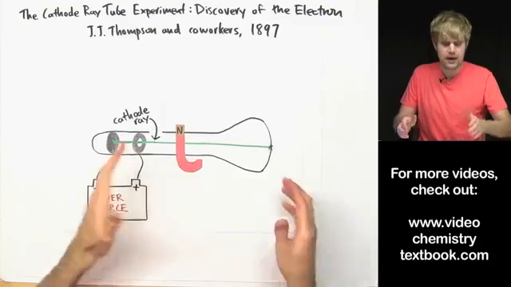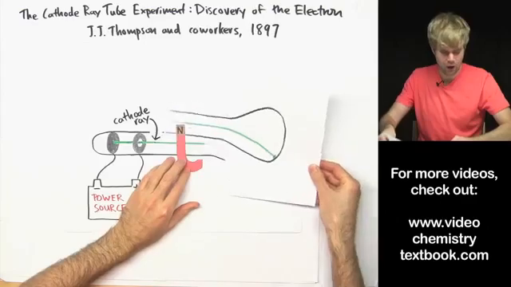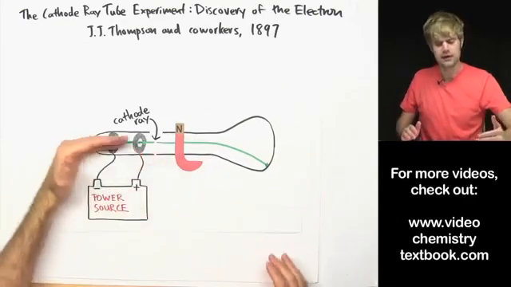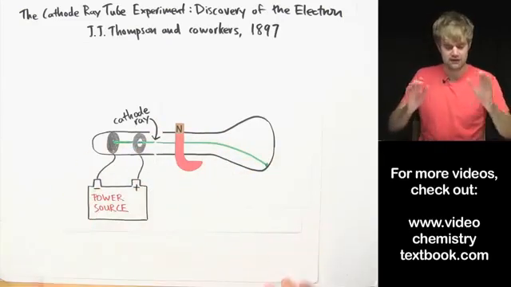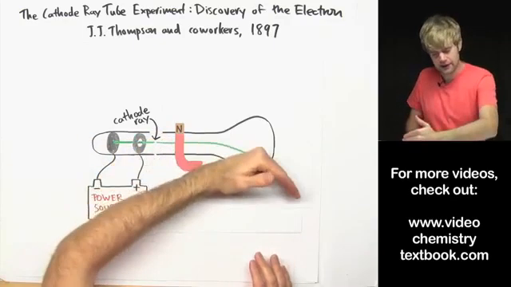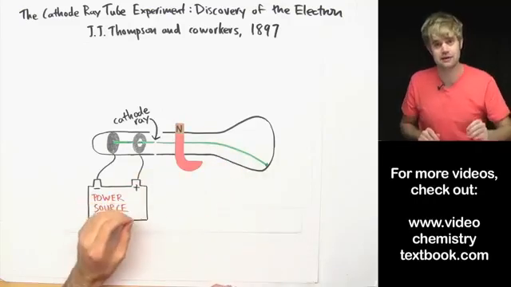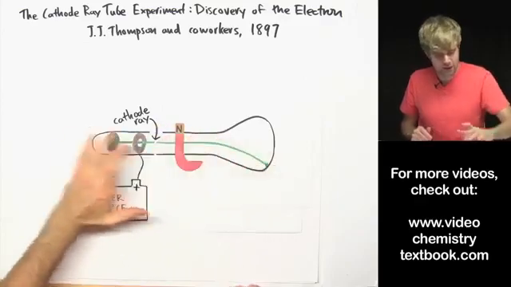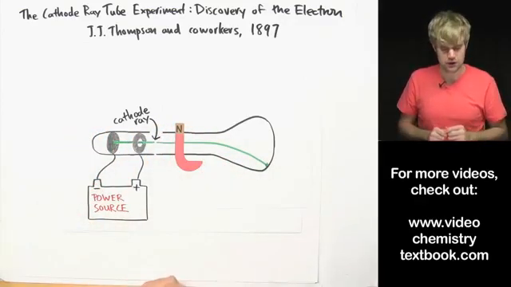So anyway, he puts the magnet here, and he sees now that the cathode ray bends in the other direction. It now moves downward. Now, if the cathode ray is indeed negatively charged, this is exactly how he would expect it to move in the presence of a magnet like this. So this is just further confirmation that whatever makes up the cathode ray probably is negatively charged.